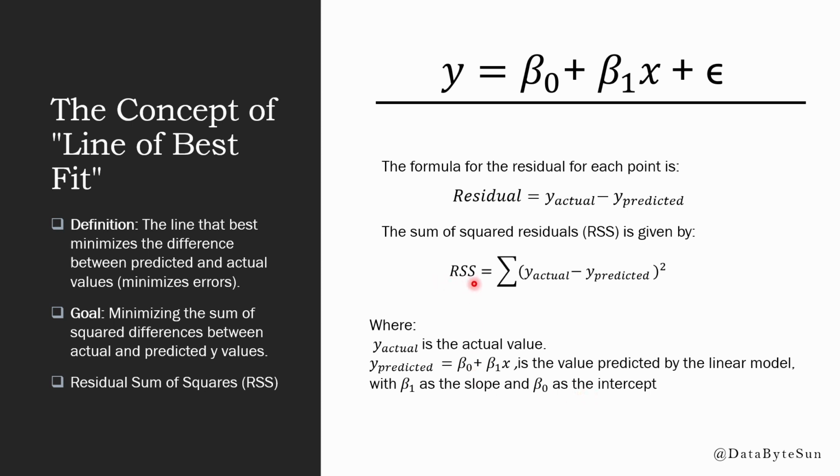RSS measures the total difference between observed values and predicted values in a regression model. It is squared to ensure all differences are positive, emphasizing larger errors and allowing for easier mathematical manipulation. Lower RSS means a better fit.